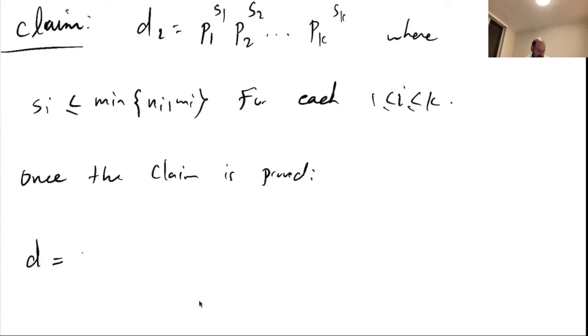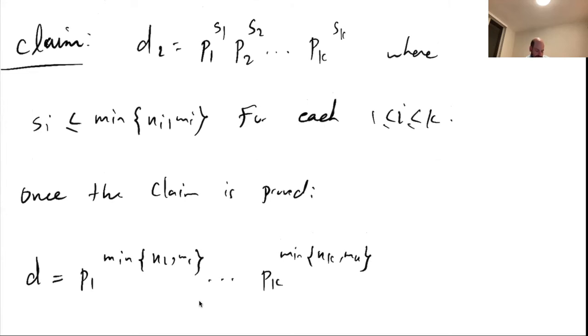Then we can say that D, which is P1 to power minimum N1 M1 all the way to Pk to power minimum Nk Mk, is equal to D2 times P1 to power minimum N1 M1 minus S1 all the way to Pk to power minimum Nk Mk minus Sk, and that means D2 divides D.